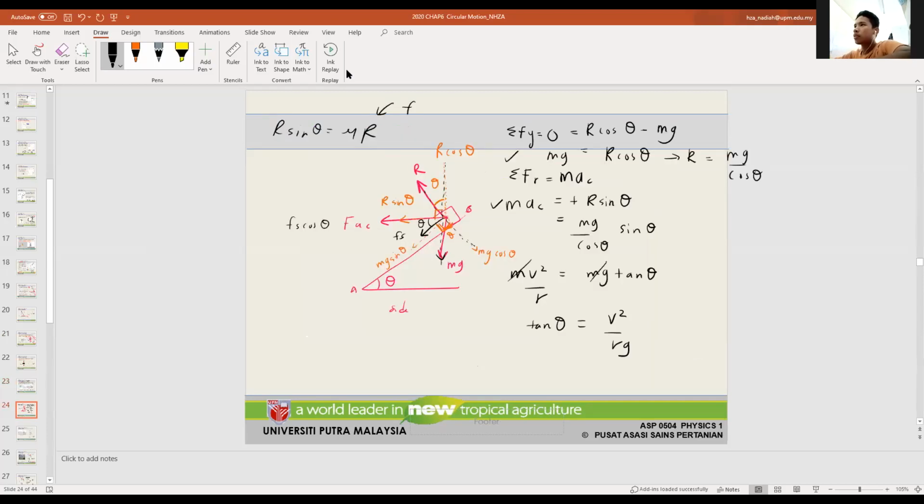If static friction is present, it's possible. But static friction is in this direction, and in this direction your static friction is Fs cosine theta. So we have to add Fs cosine theta here. It's possible. Then you ask why we can't say R sin theta is the static friction, right? Because your R has a component.